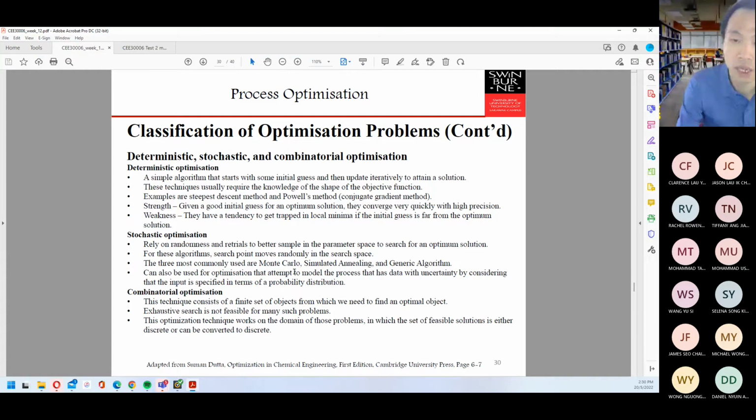And then it can be something like this: deterministic optimization, stochastic optimization, or combinatorial optimization. The one that we cover in our process modeling so far is only a deterministic problem, meaning we don't put probability into our variables. For example, Dr. Howe can do something related to stochastic problems, meaning he will do something like Monte Carlo, simulated annealing or genetic algorithms.